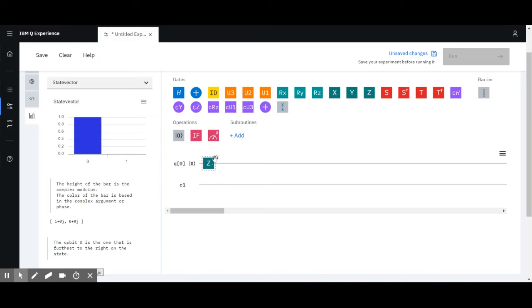So this Z is going to flip the phase on that 1. For example, if you apply an X gate, and now you have all the amplitude in 1, and now you apply a Z gate, then it's going to turn yellow. Yellow is, in phase terms, half your cycle. So if you're in yellow, you can be sure that you've done half the cycle.